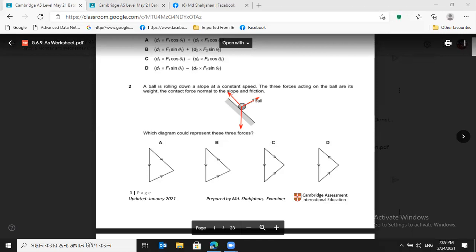But the answer is D, because of the angle. Yes sir, the answer seems to be D.